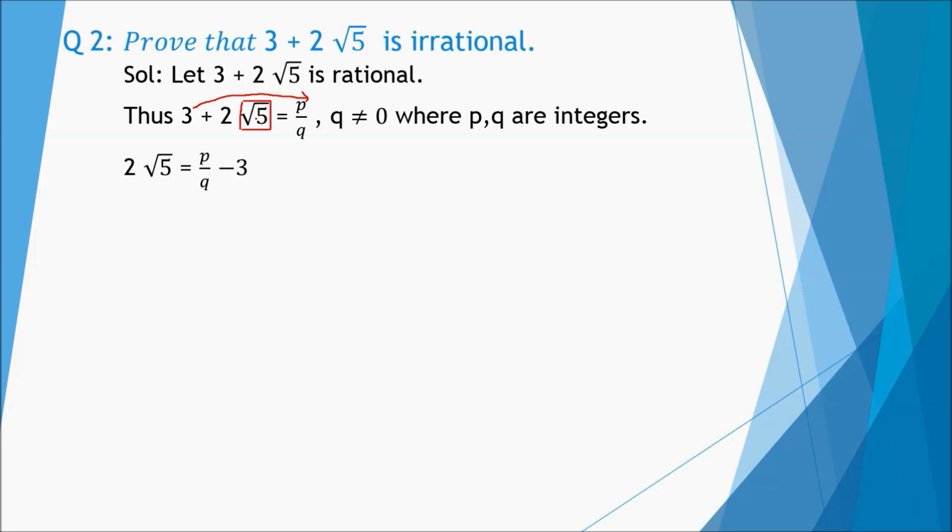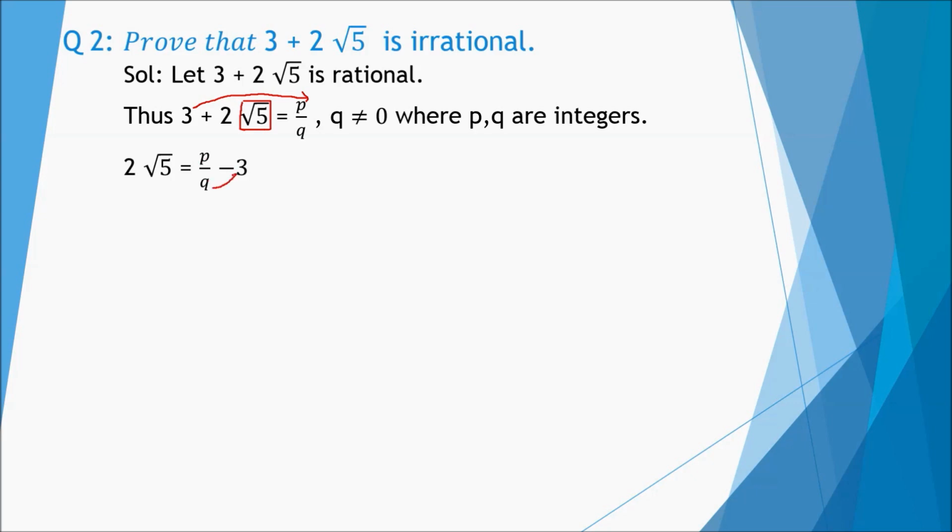In all these questions which will follow after this question, we will always use the same trick, that we will isolate this square root term and after that we will get the result. So we are shifting this 3 towards this side. So 2 square root of 5 will be equal to p by q minus 3.